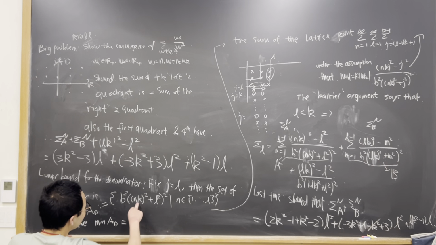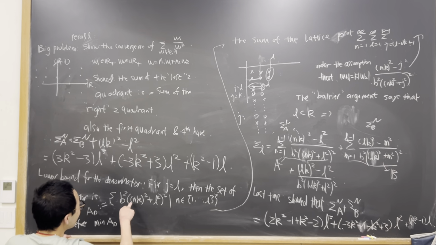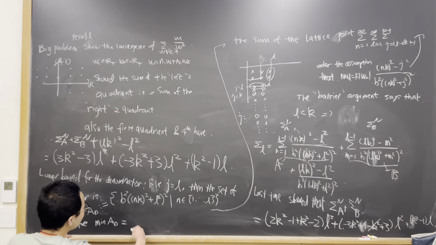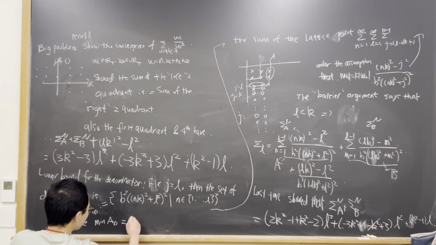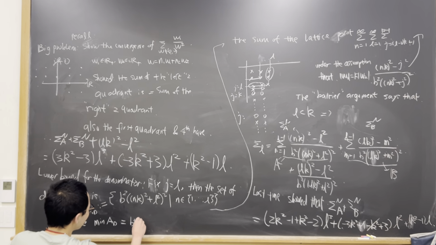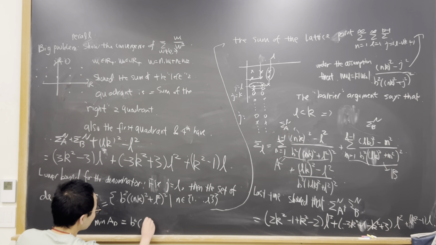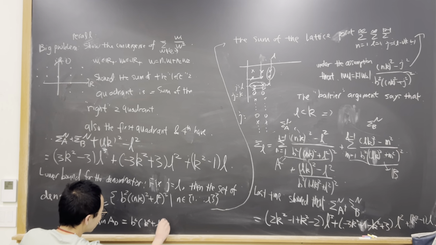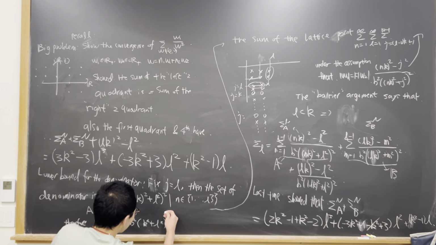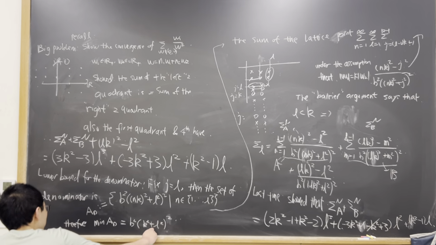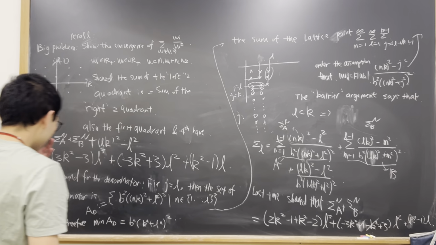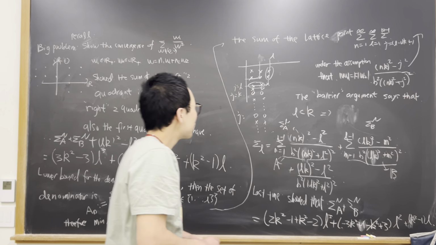So we can check that this point is actually less than or equal to any other element in this set. So it's equal to exactly b squared times n equal to 1, so k squared plus l squared, squared.